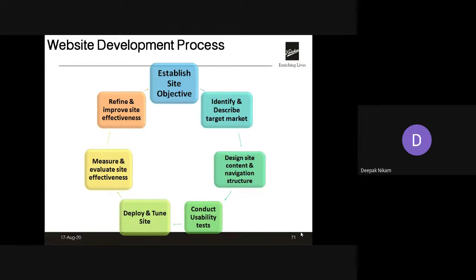Now, let's say you are a third party who is developing a website for a company which manufactures capital equipment: sit across the table with the entire marketing team and the decision makers and clearly define those objectives.